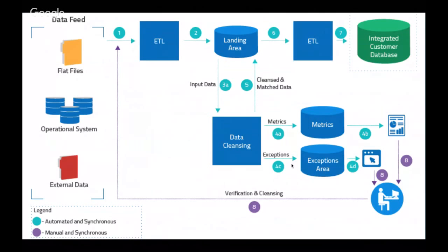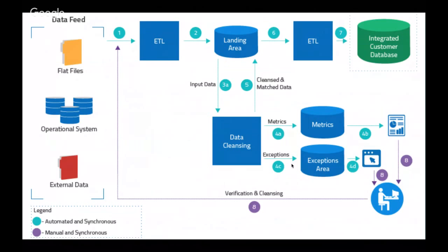Then we have the landing area, wherein data is loaded from the ETL system. That also can be automated and synchronous. Post that, we have input data wherein data cleansing is performed. After cleansing, the data is matched and sent back to the landing area. This also can be automated and synchronous.